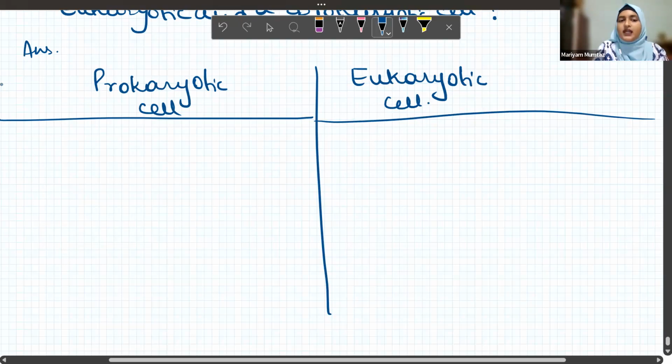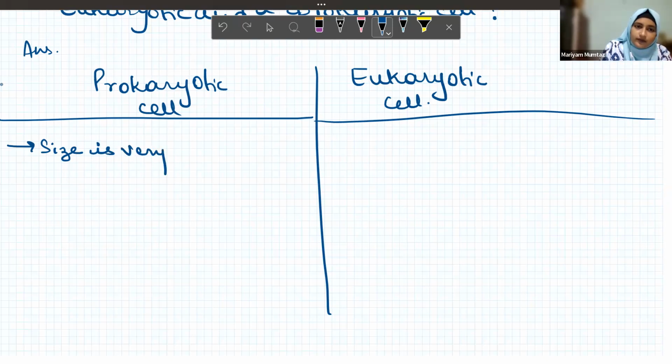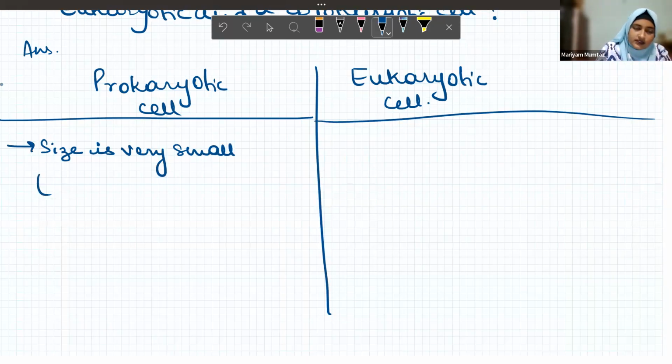You told me that nuclear membrane is absent in prokaryotic cells. That is very correct. But before that, let's hop on to the comparison of the sizes of these two cells. The size of the prokaryotic cell is very small. The size ranges from 1 to 10 micrometer.